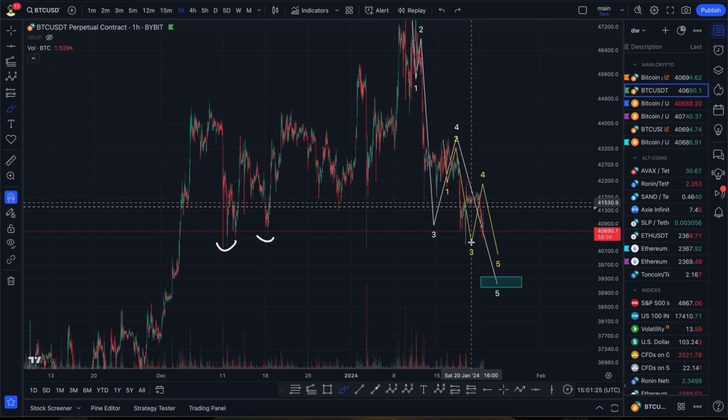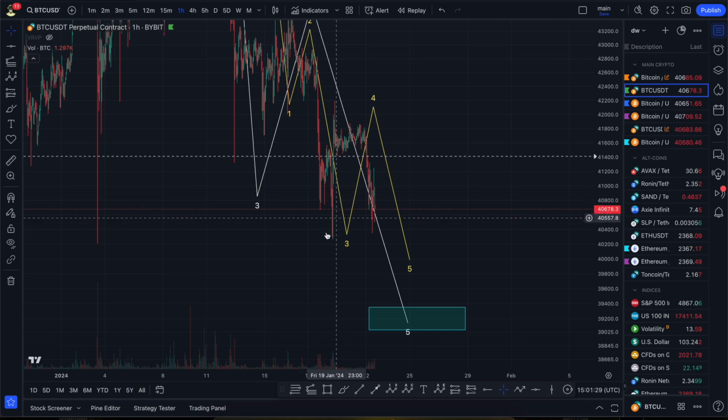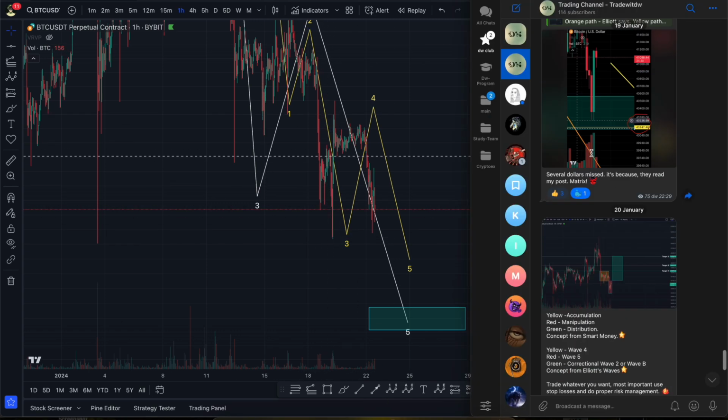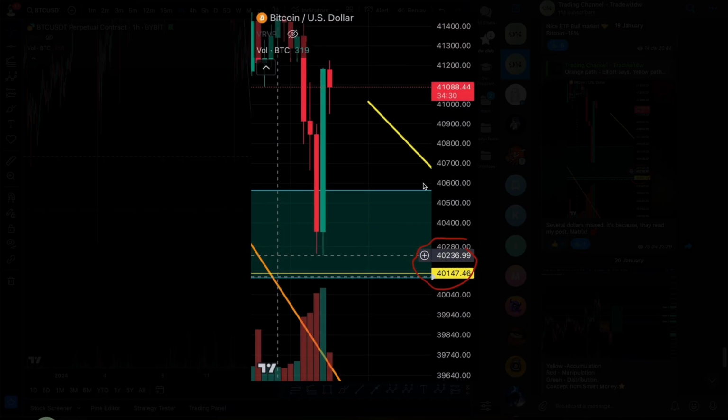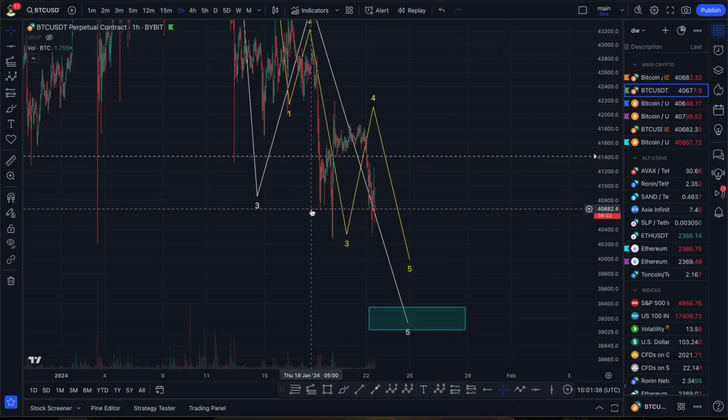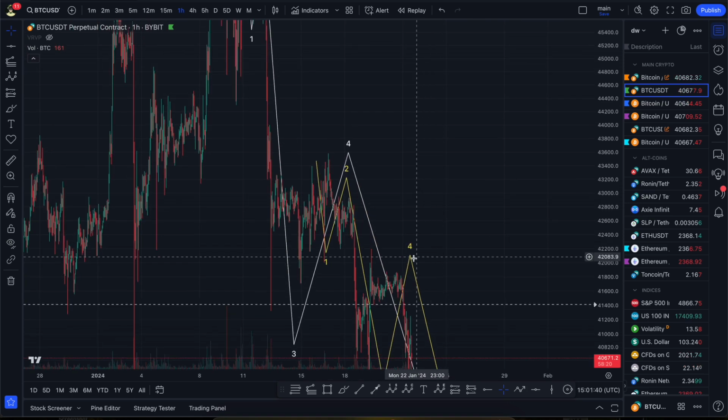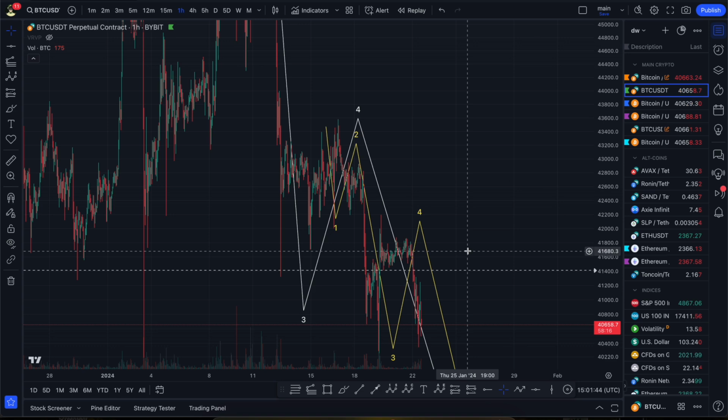I almost dollar by dollar predicted that here will be the bounce, and in my Telegram channel I gave this signal as well over this area. We were talking about that, and it actually happened, but we were expecting some higher bounces, and it didn't happen. So what does it mean, and how can we explain this movement exactly?